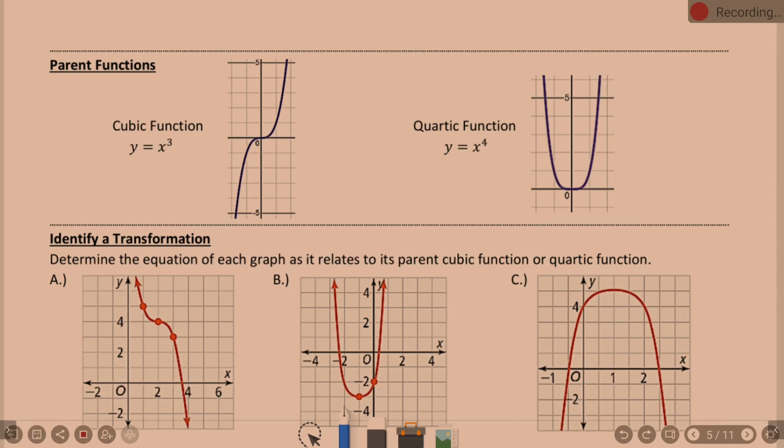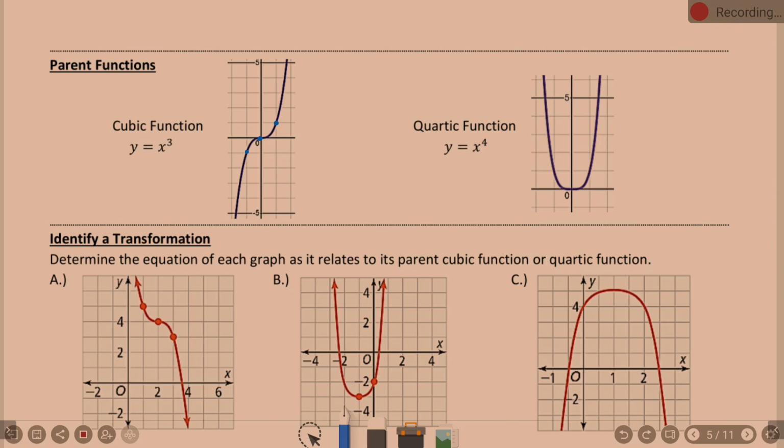So when I say x to the third, I'd like you to visualize this curvy thing. A basic x to the third goes through 0, 0, 1, 1, and negative 1, negative 1. The next points would be 2, 8, and negative 2, negative 8, but those aren't showing on that little snippet. So get that in your head. That's what an x to the third graph looks like.